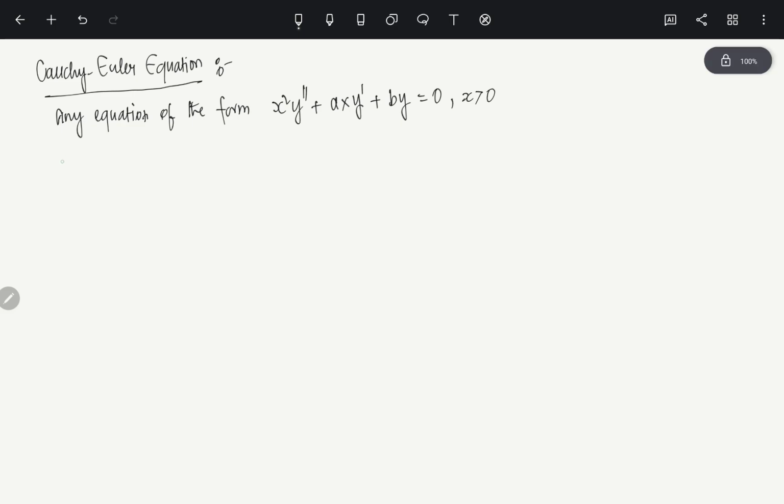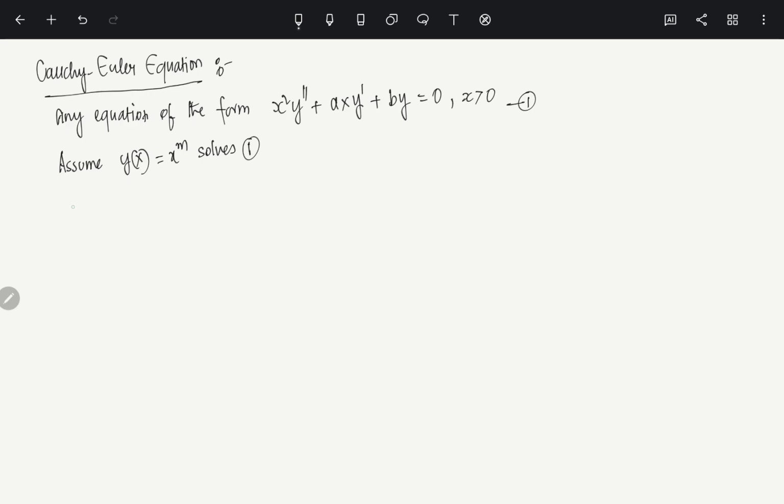Let's assume y(x) to be x power m, and suppose it solves equation 1. If it does, then you can calculate y prime and y double prime and put them in.